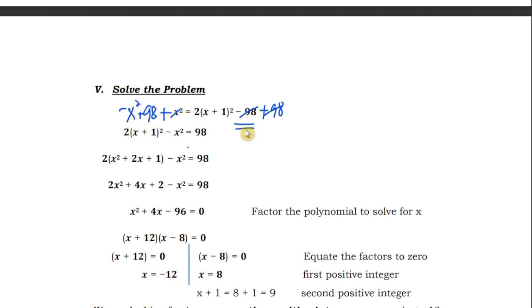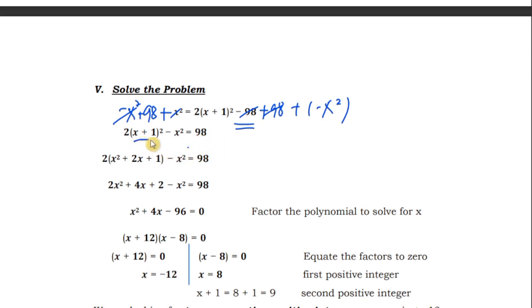So we have here negative x squared. What remains is the quantity, the same with interchanging the positioning. So we have 2 times the quantity of x plus 1 squared minus x squared is equal to 98.